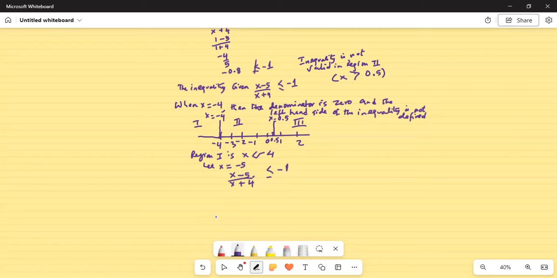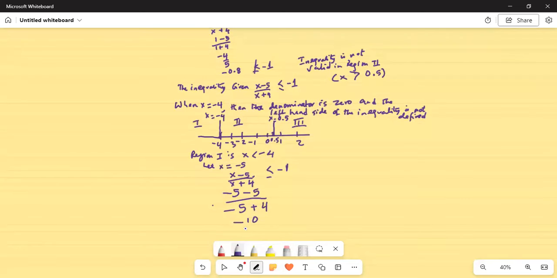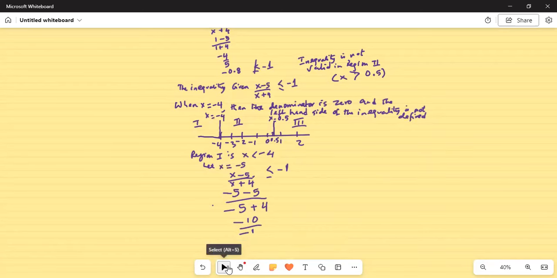So I'm going to plug in x equal to -5, which is less than -4. So -5 minus 5 divided by -5 plus 4. So this is -10 divided by -1.